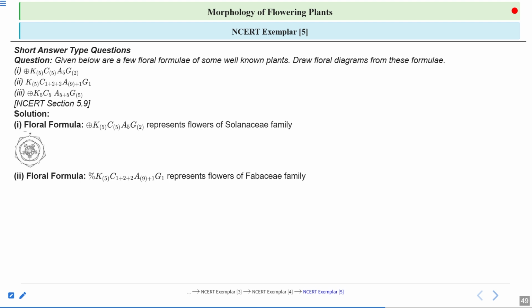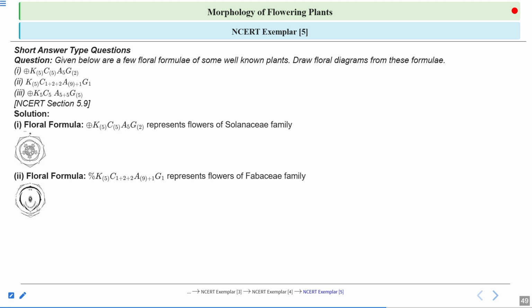Next, floral formula, and you can see this floral diagram. The percentage sign indicates zygomorphic, because only one plane divides the flower into two equal halves. K5 means 5 sepals are there. C1 plus 2 plus 2, because they have one standard, two wings and two lower petals that fuse together, which is called the keel.